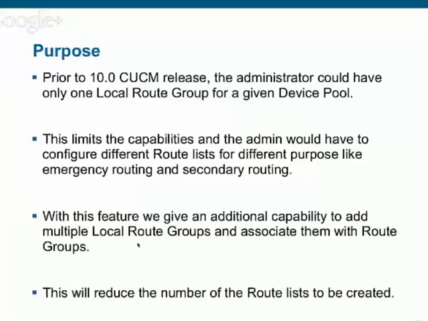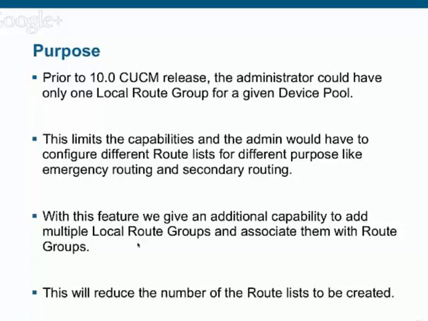So what we mean by multiple local route group, without looking at the slides, is that in pre-10.x, one site had one single local route group, and we were stuck with this idea that one particular site can have a local route group only local to itself.